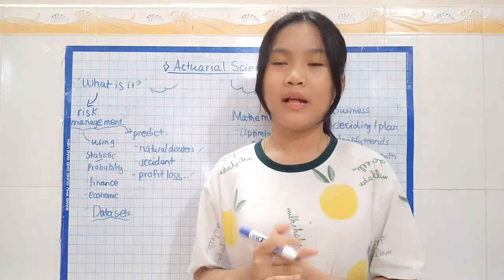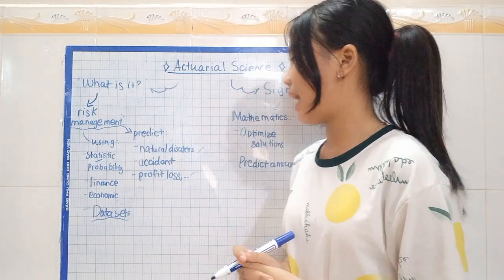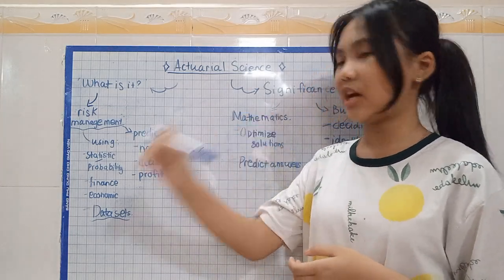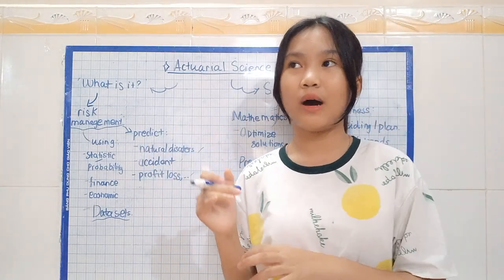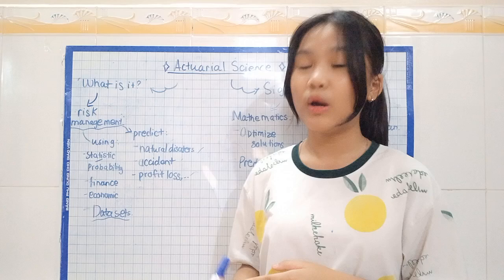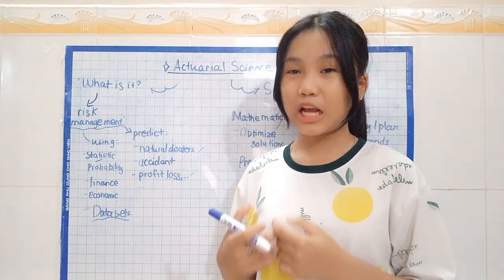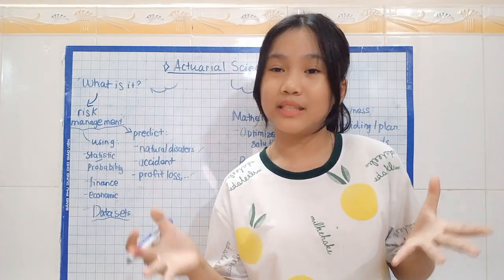Let me give an example about predicting natural disasters, just as weather forecasts usually do, which apply actuarial science. What could this help with?